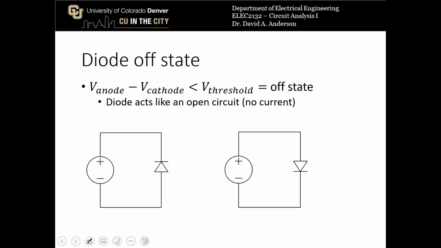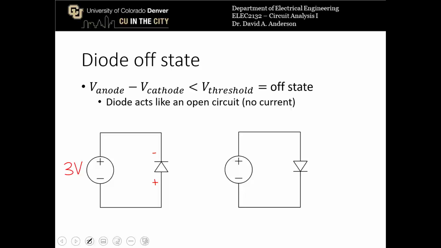All right, so let's look at how the diode would actually behave in some example circuits. So let's say that I have a voltage source of value 3 volts and a diode connected with the anode to the negative end of the voltage source and the cathode to the positive end of the voltage source.